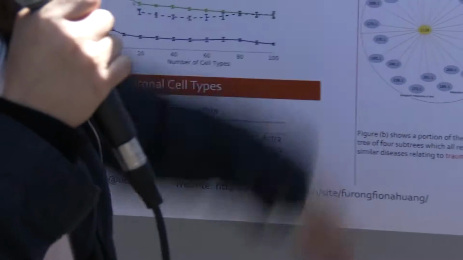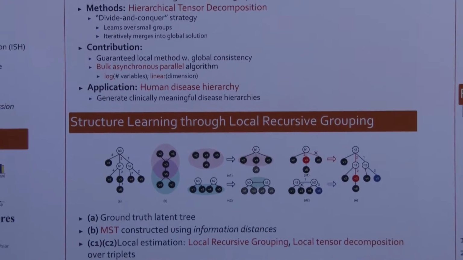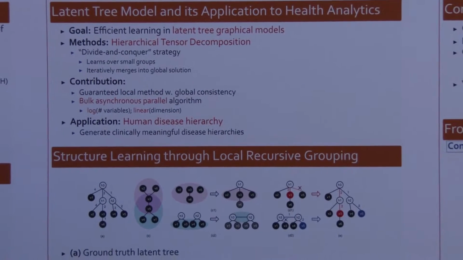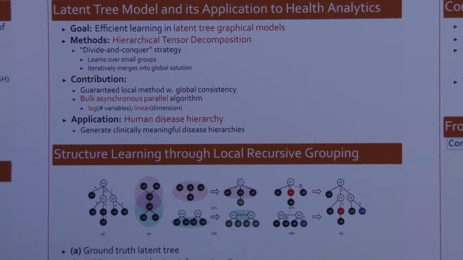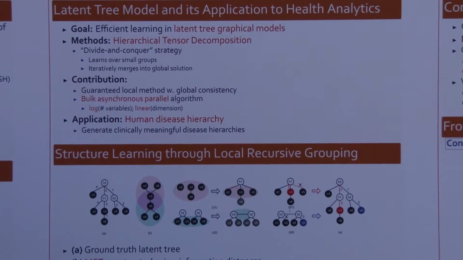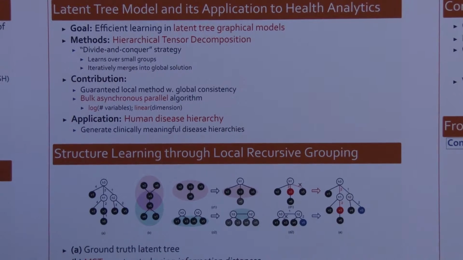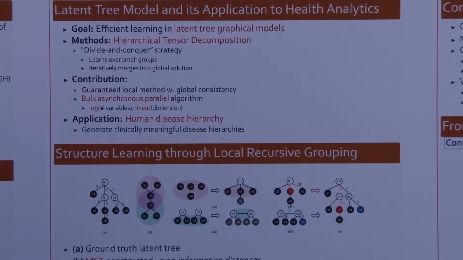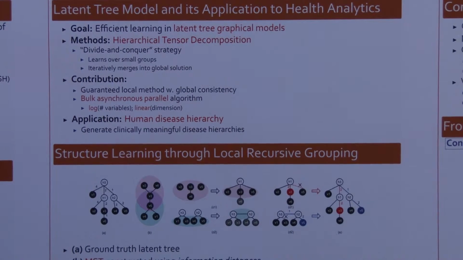The other set of work is learning latent trees. Learning latent trees has proven to be versatile in learning a hierarchical structure of the data. What we are doing is structure learning as well as parameter estimation, which go hand in hand. In structure learning, we're doing local recursive grouping on different local neighborhoods.